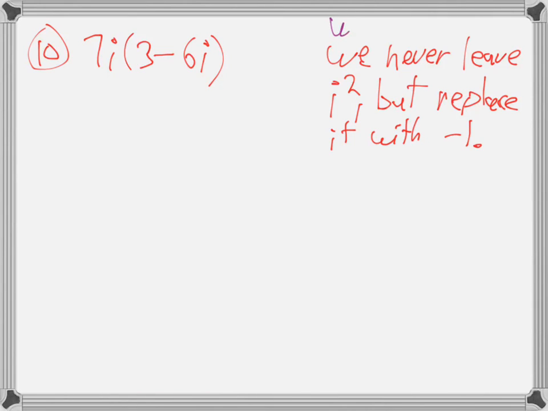I should say, we leave regular i, but we never leave i squared. So regular i's we leave. I is just I, it's just imaginary, leave it. But we never leave i squared. We replace those with a negative 1. So try that problem, just normal multiplication.